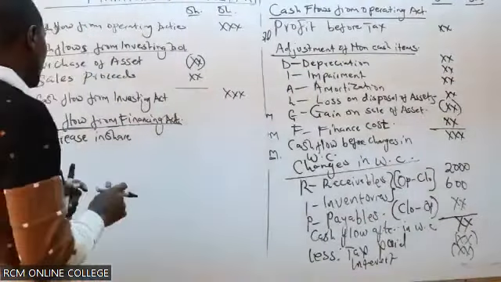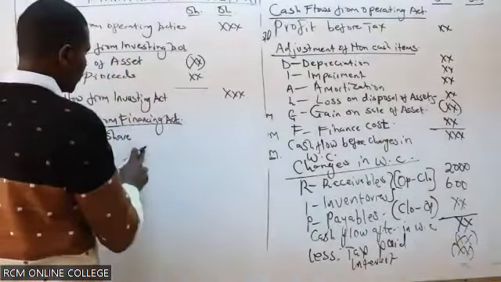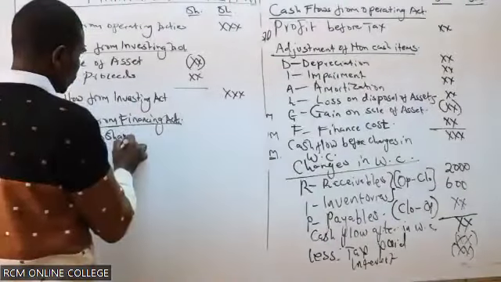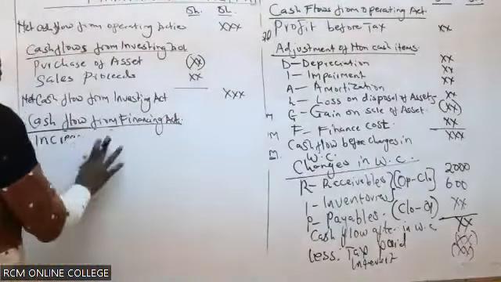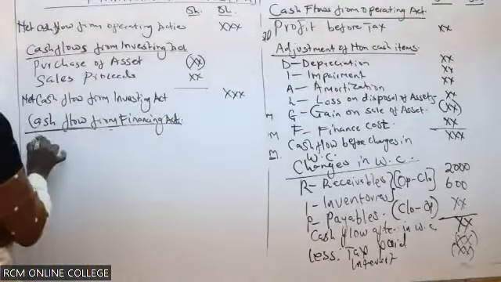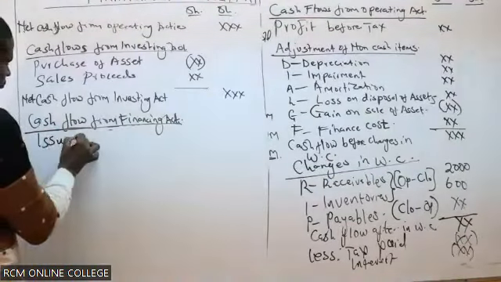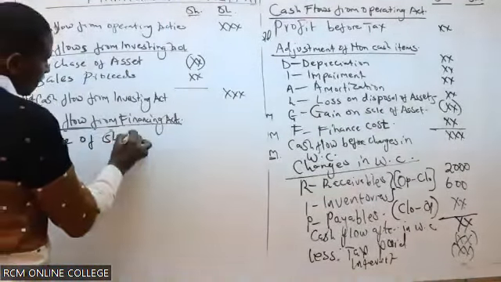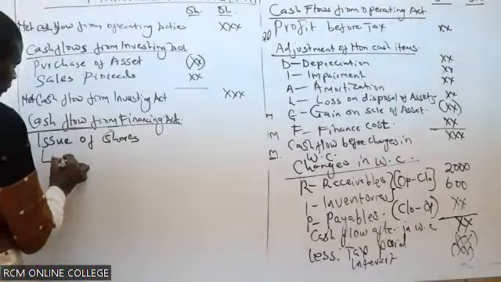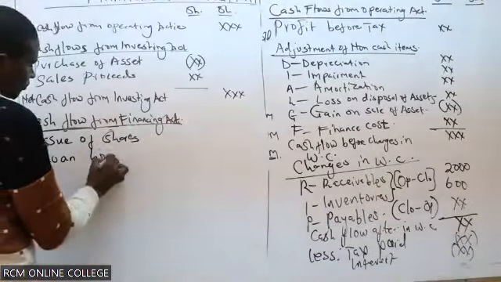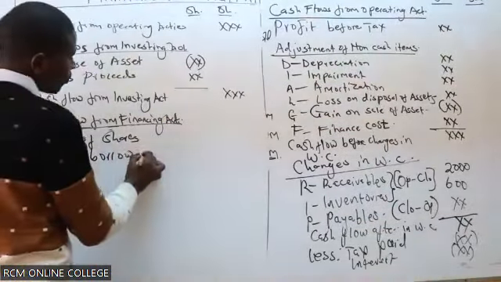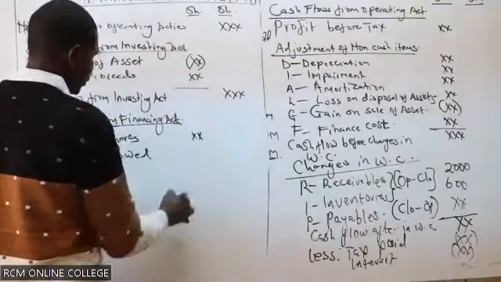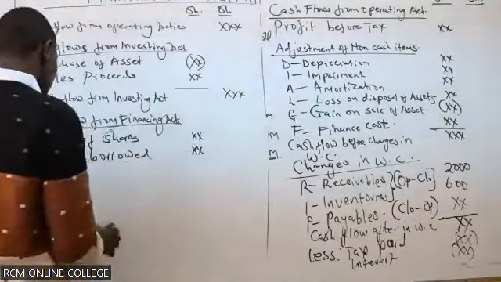Good. Increase in share or issue of share. Let me just go with the issue of share. Loan borrowed. So when we issue shares, our cash increases. When we borrow a loan, it increases.